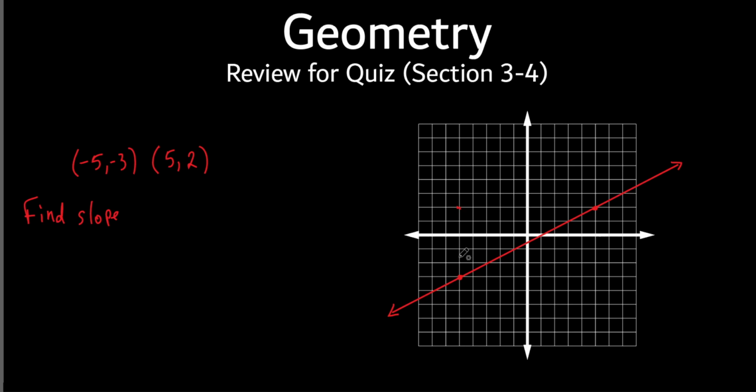So let's count. 1, 2, 3, 4, 5. All right, so up 5. And then to the right, how many? 1, 2, 3, 4, 5, 6, 7, 8, 9, 10. So what's the slope of that line right there? Reduce it: 1/2.